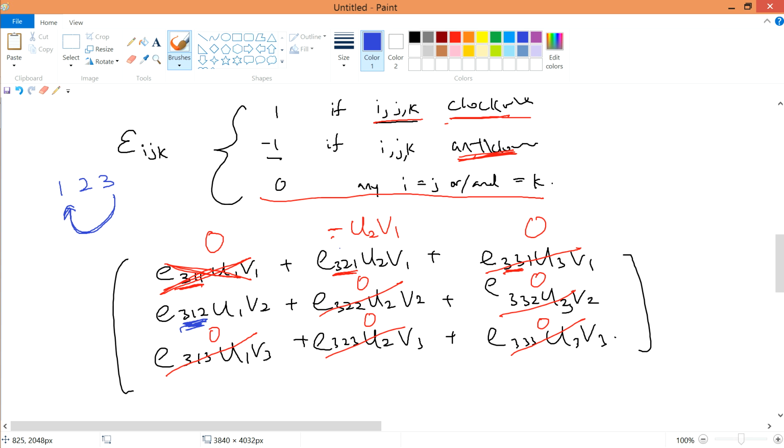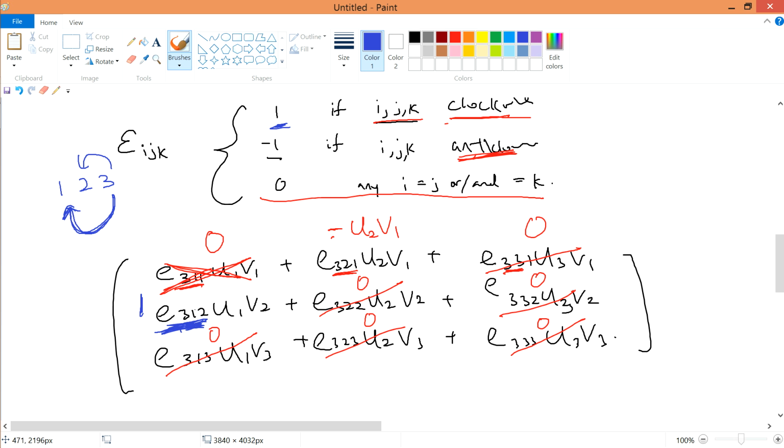For 3 2 1, it's going in the anti-clockwise direction. But 3 to 1 in this case is actually clockwise, and therefore this is 1.